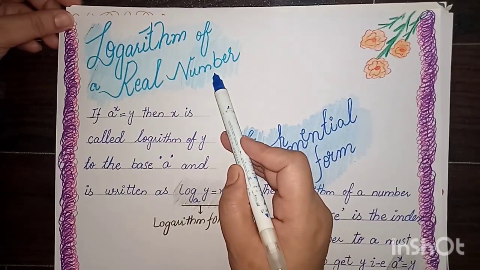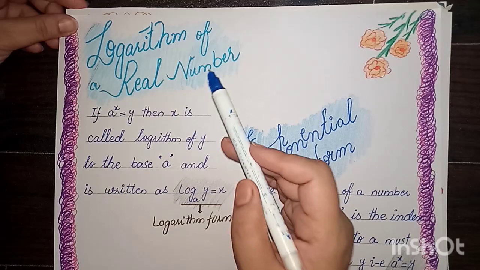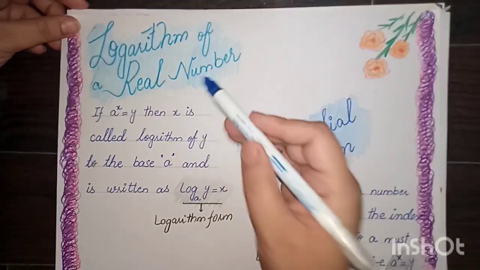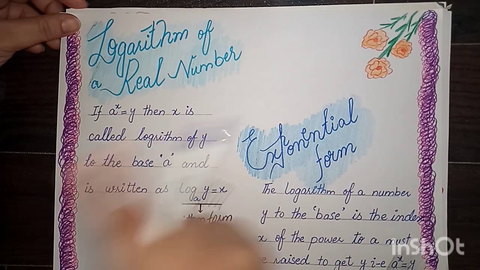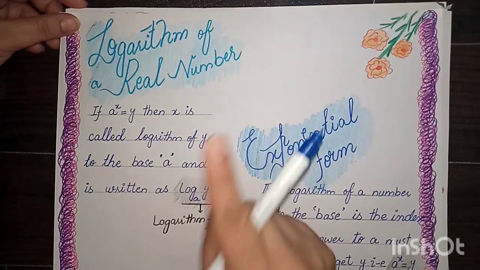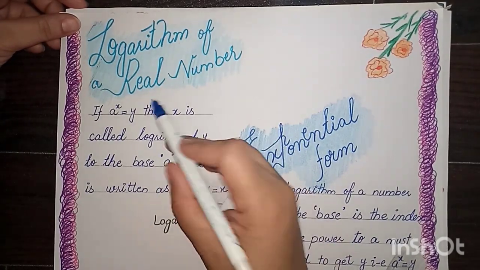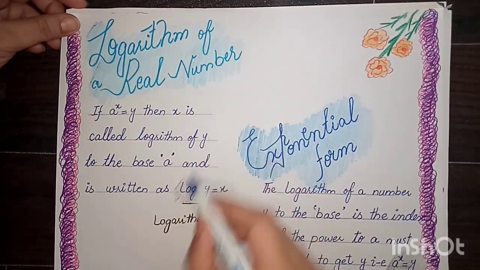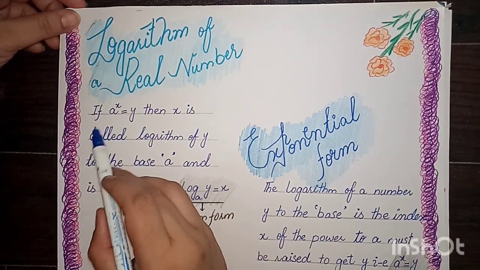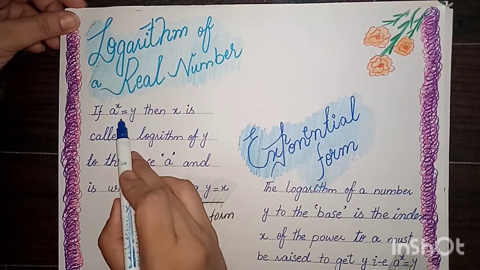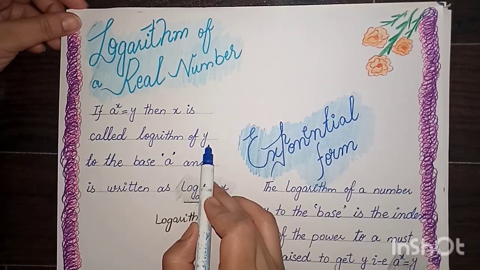When we have to find the log of any number whose base is a real number, not 10, we will use the base of that real number. We use 10 only in common logarithm. The definition says if a to the power of x is equal to y, then x is called the logarithm of y.